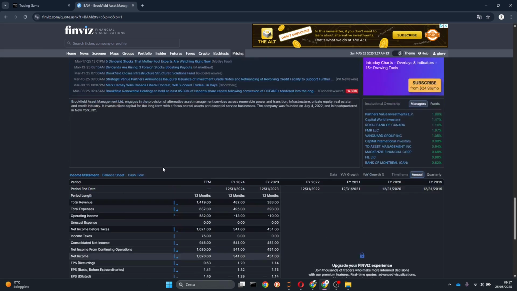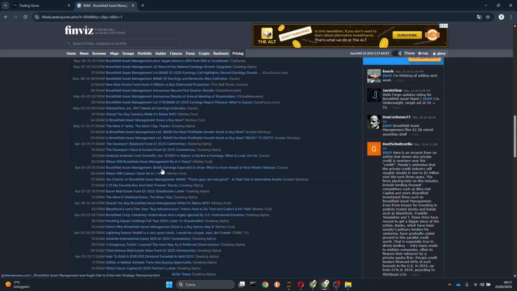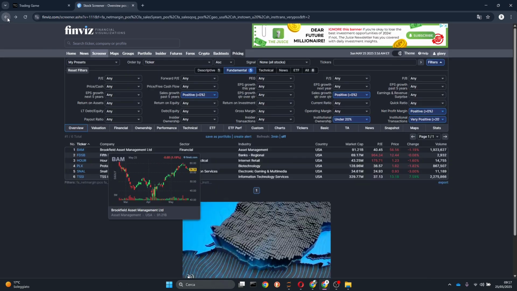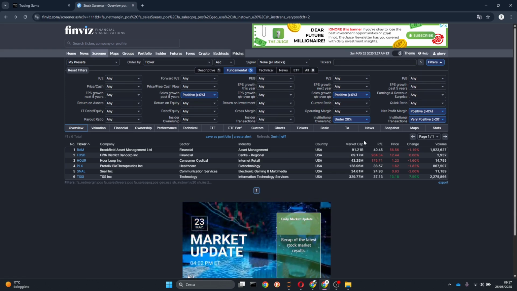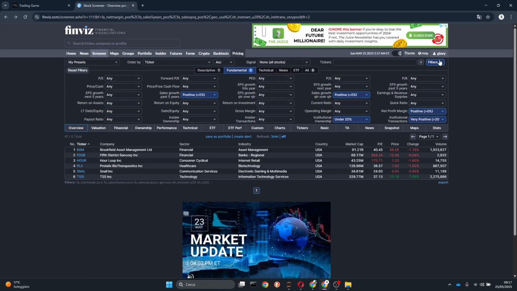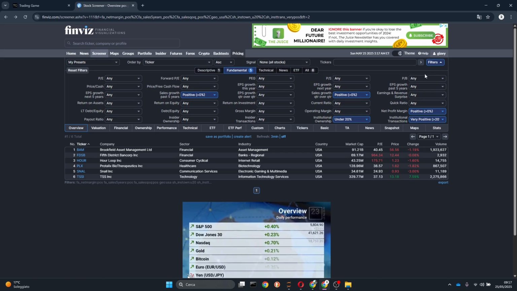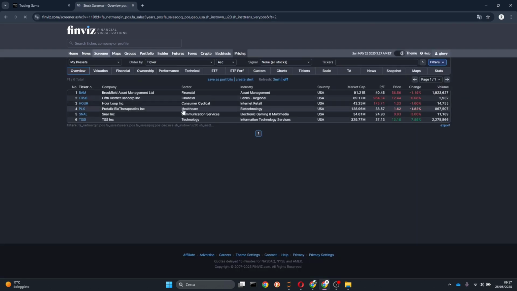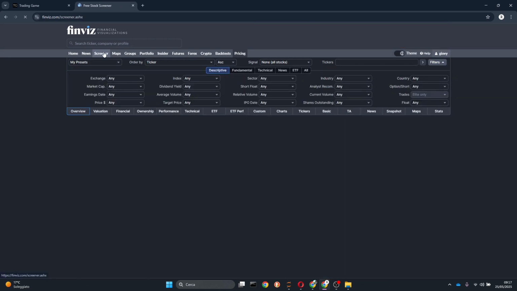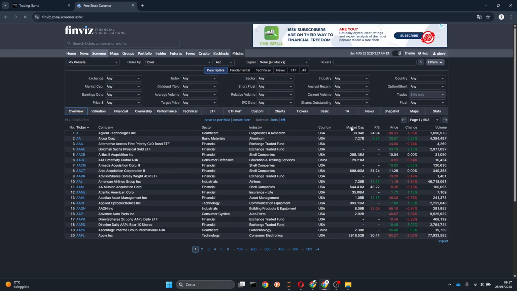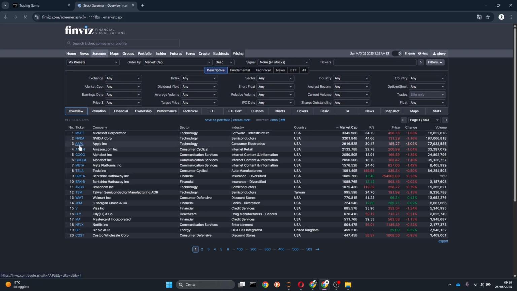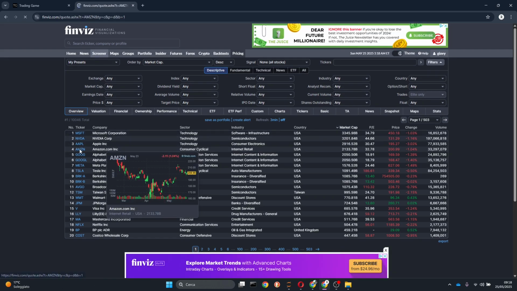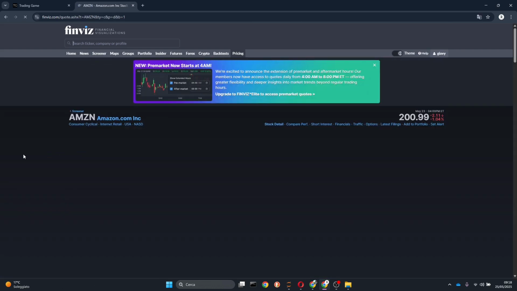You have a balance sheet, and I want to show you transactions, but I think it is better to choose some other stock, maybe a bigger one, for example Apple or Amazon. Let's take Amazon. It is just an example.